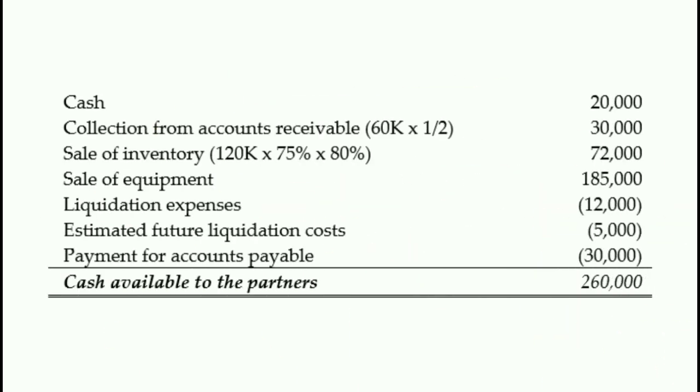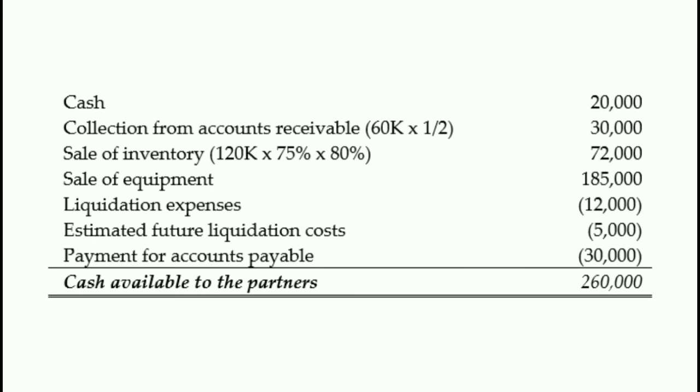Next, let's compute the cash available to the partners. Cash, 20,000 pesos plus collection from accounts receivable, 30,000 pesos. That is 60,000 pesos times 1/2 or 50%. Plus, sale of inventory, 72,000 pesos. That is 120,000 pesos times 75% times 80%.